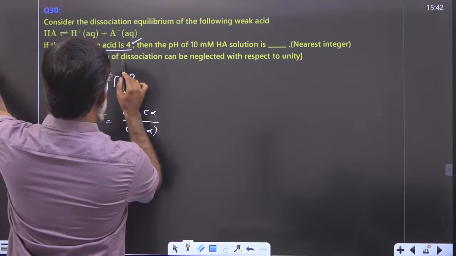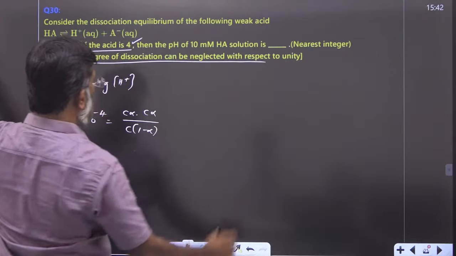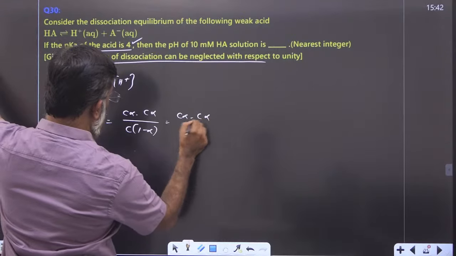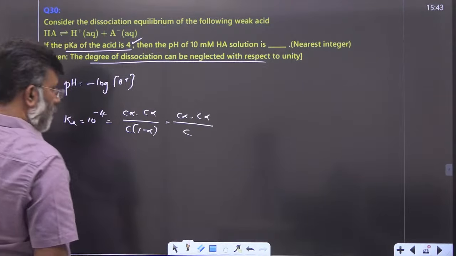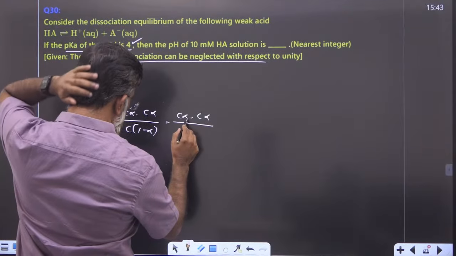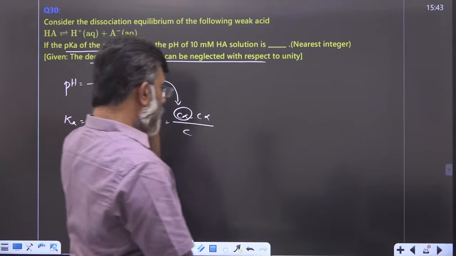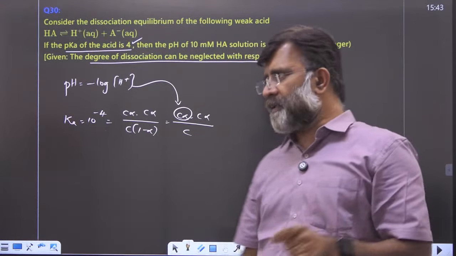The degree of dissociation can be neglected, so it will be C alpha by C. C alpha is nothing but the H plus concentration.